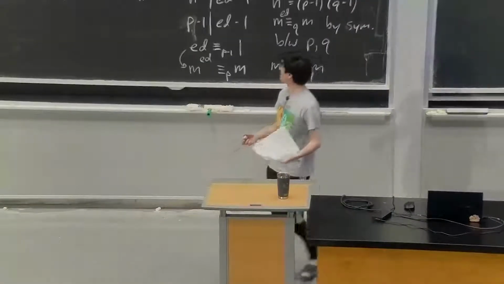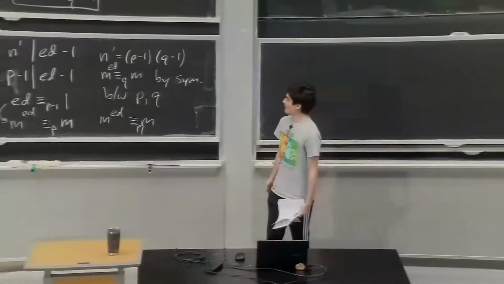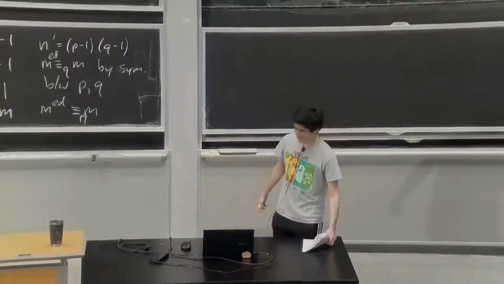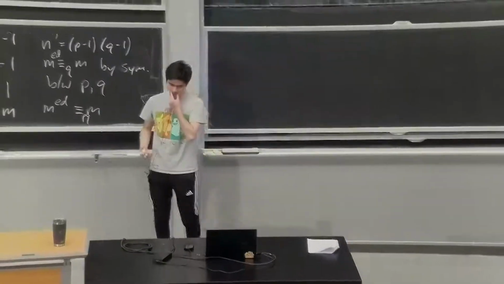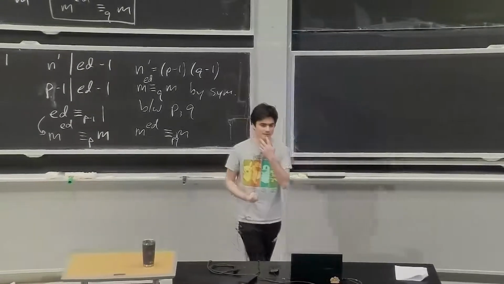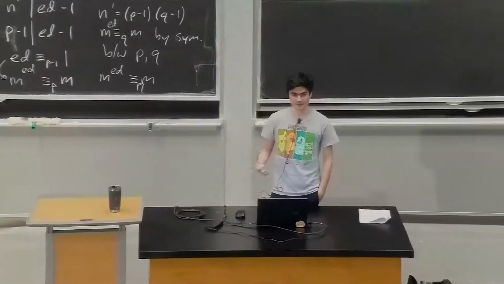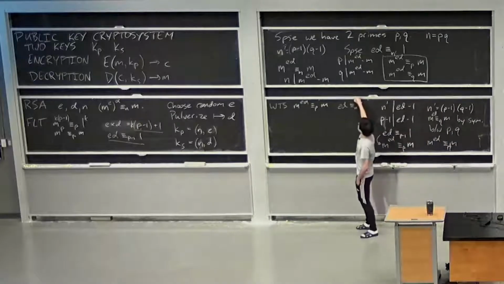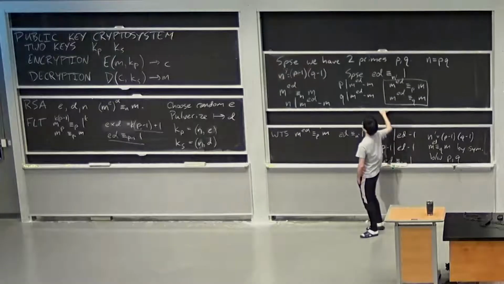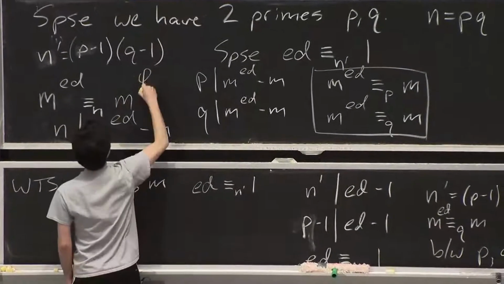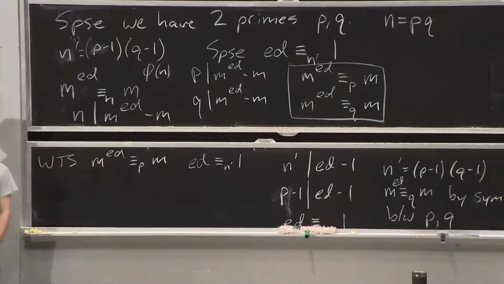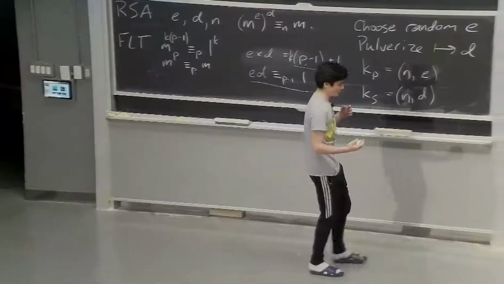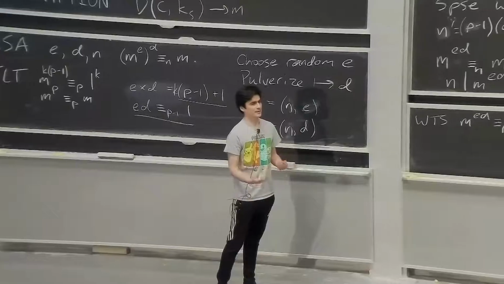Okay, so why are we using p minus 1 and q minus 1 in the first place? In short, I pulled them out of my hat so that it would work. It's basically a generalization of FLT called Euler's theorem. It turns out that this p minus 1 times q minus 1 is what we call phi of n, where phi is Euler's totient function. This counts the number of numbers up to n that are co-prime with n.